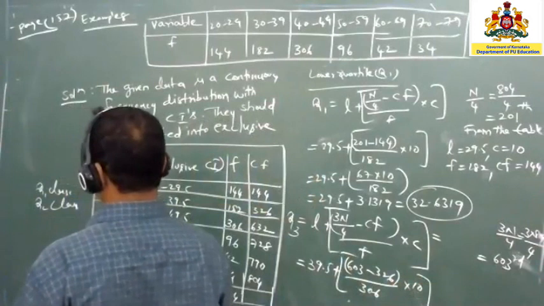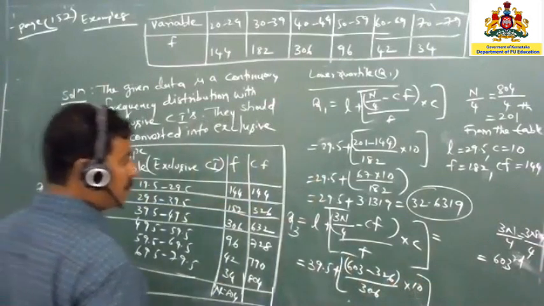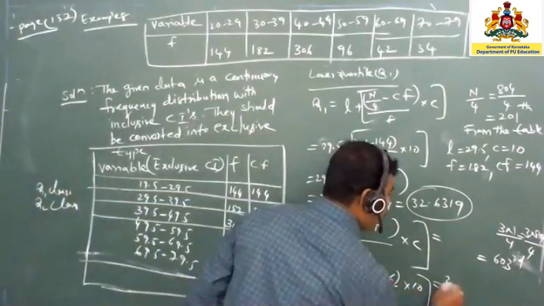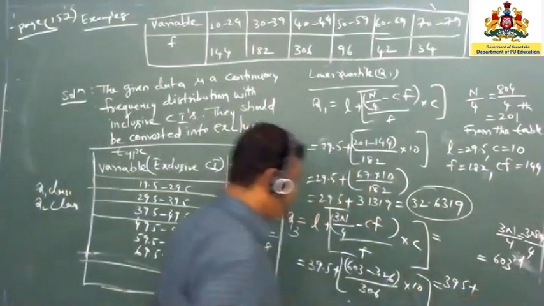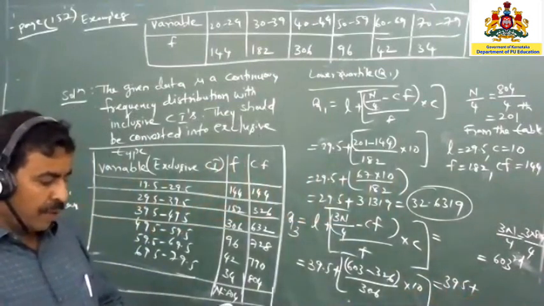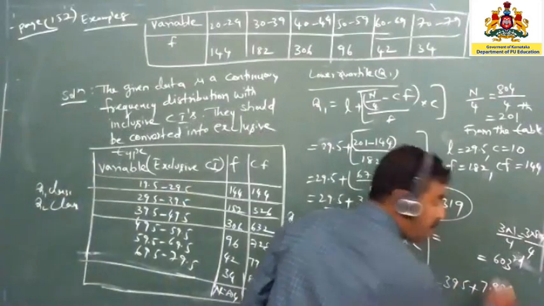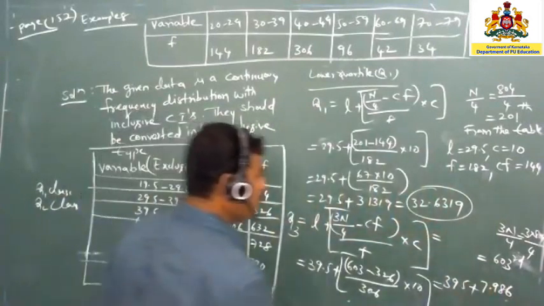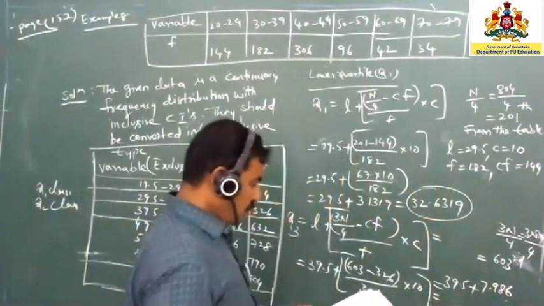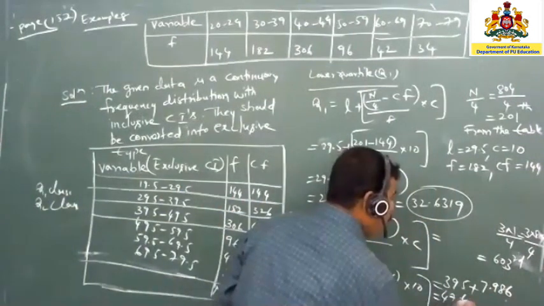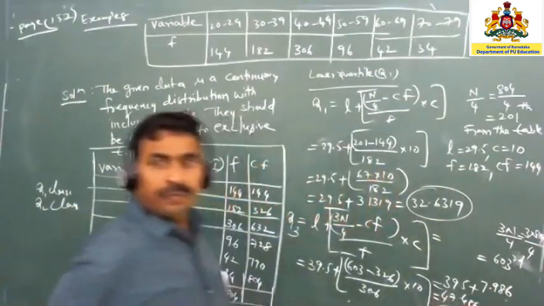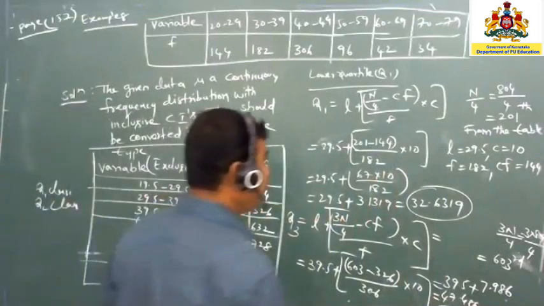By simplification, 39.5 plus 7.986. The final answer is 47.486.